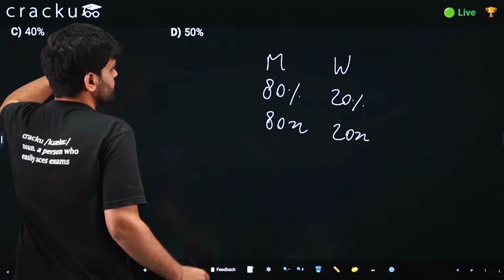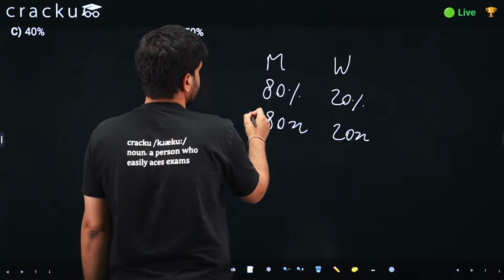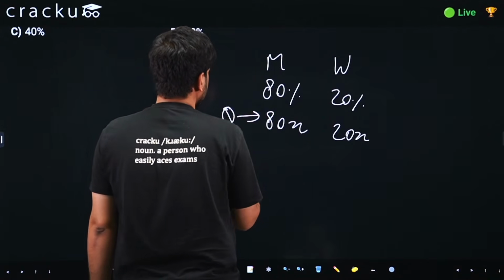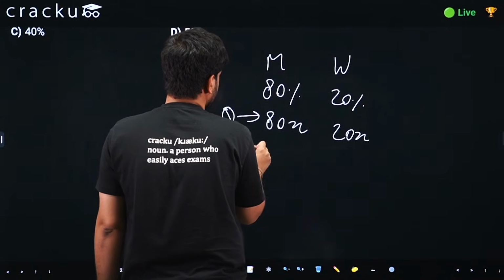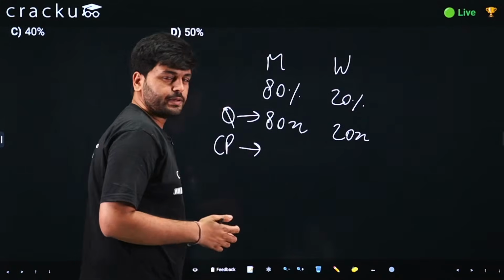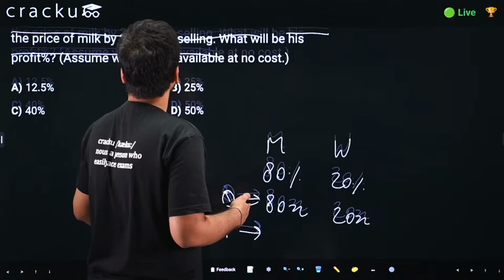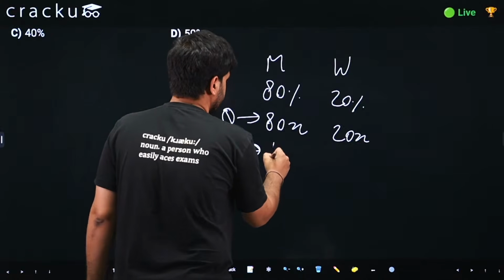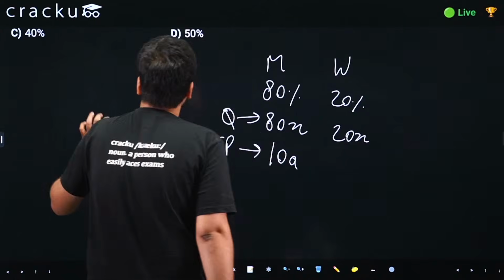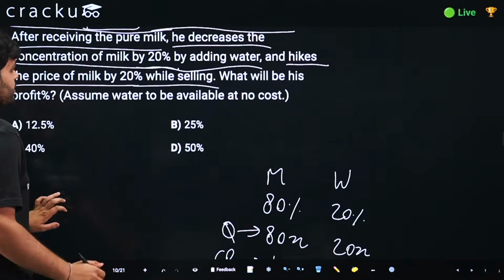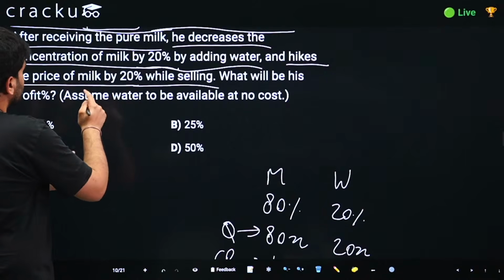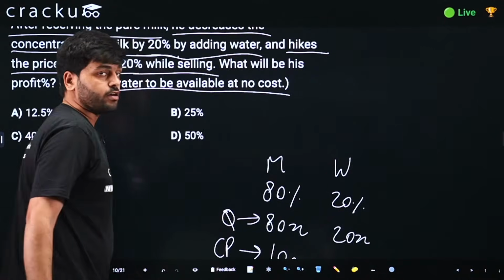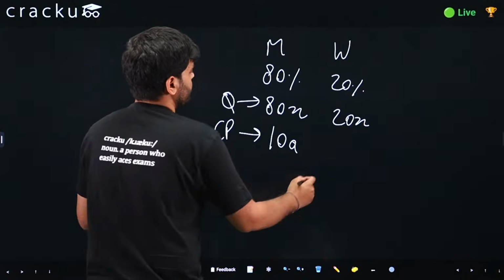Now, this is the quantity of milk and water. Cost price as well. Since we are not really given the cost price, if we assume the cost price of milk is 10A, what is the cost price of water? We are not given the cost price of water, but we are given that water is available at no cost. So the cost price of water would be 0 here.